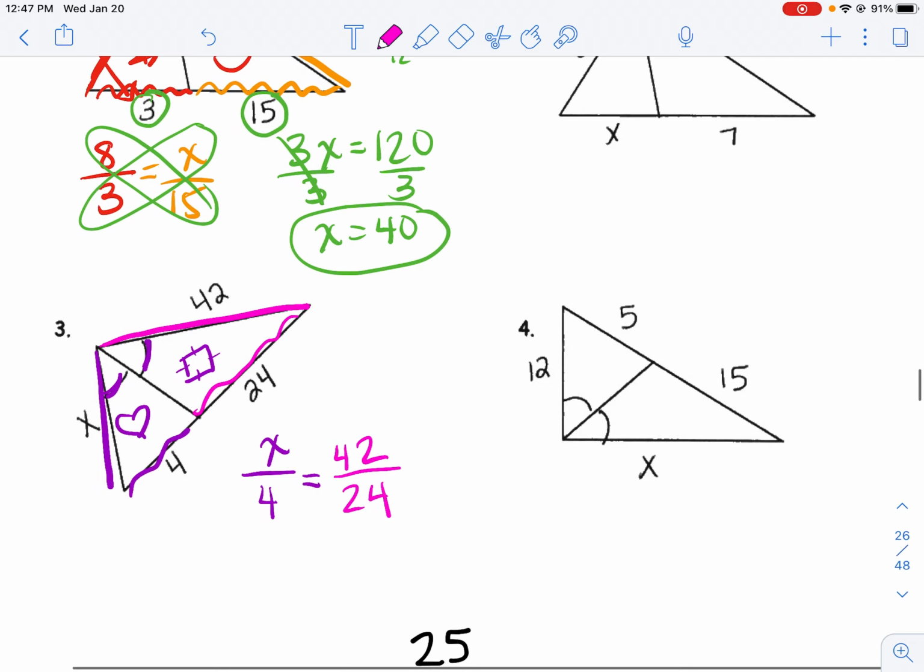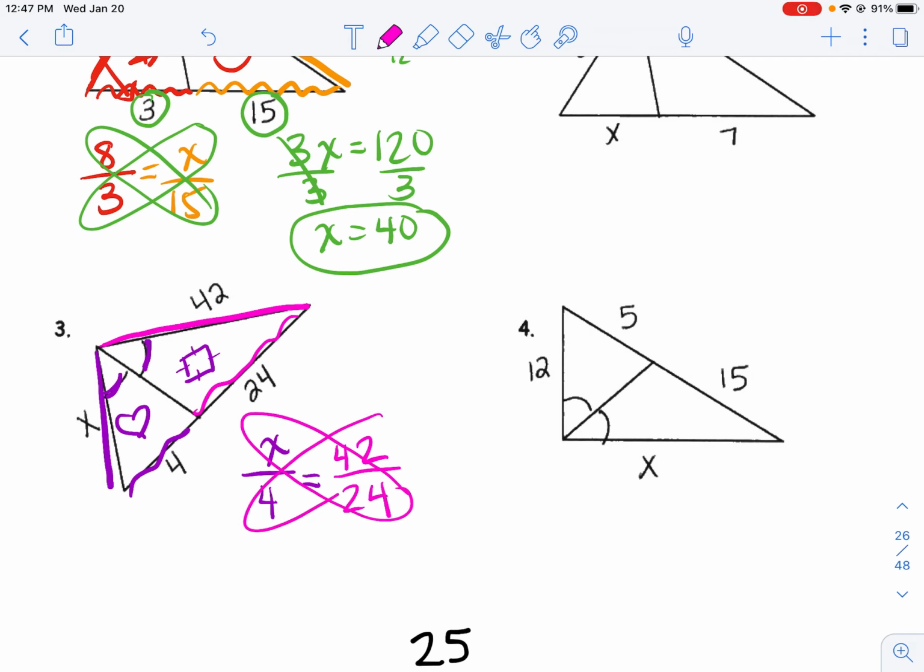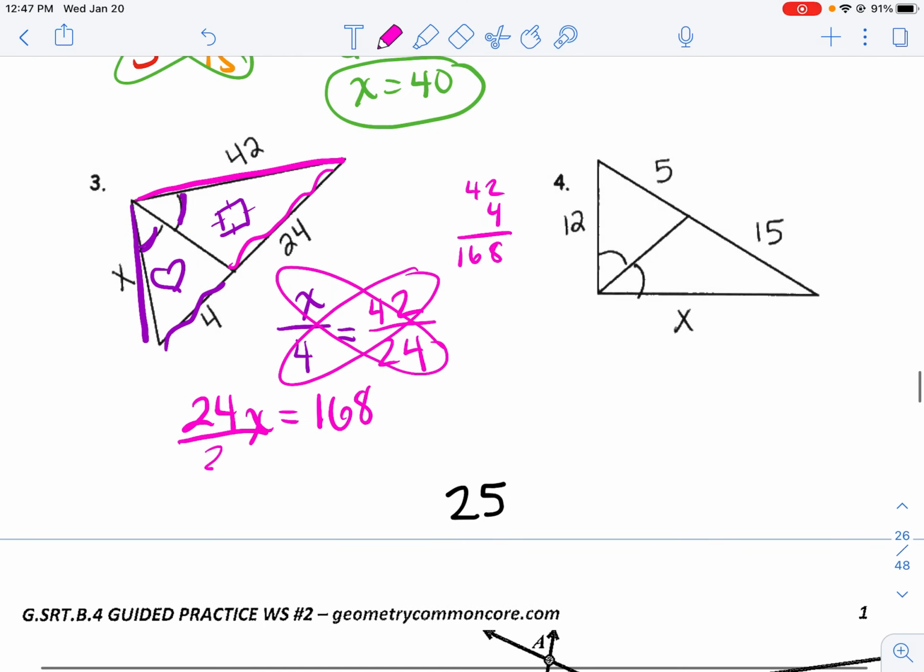Okay, and then we can cross multiply, and we get 24x equals 42 times 4, which is 168. Okay, we're going to divide both sides by 24. And then I'm going to just check this quick.